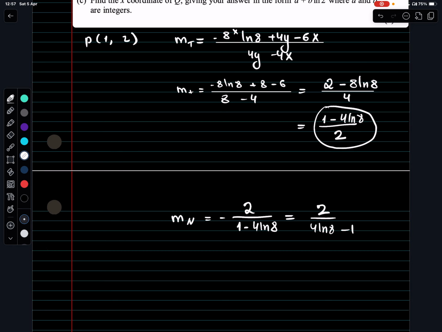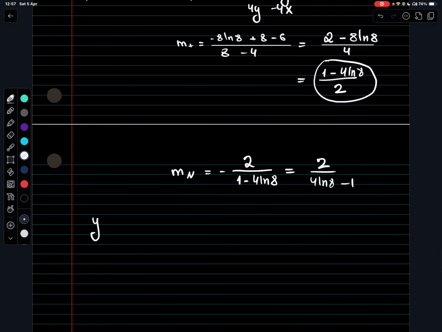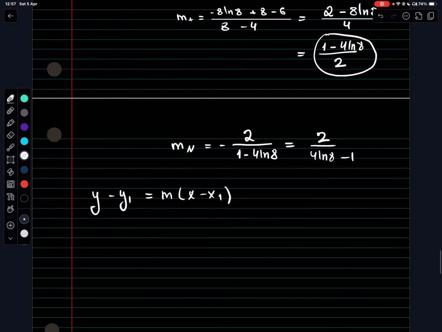Okay, so all we have to do now, since the equation of the line is something like this, the gradient multiplied by x minus x1, is to know what x1 and y1 are.